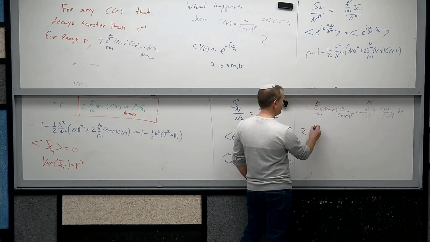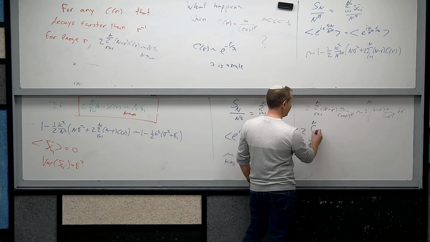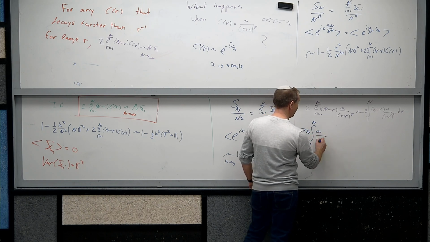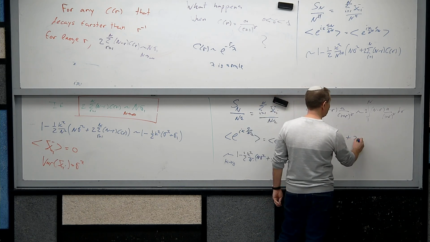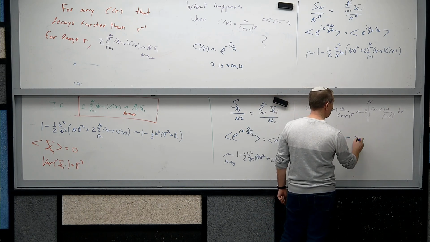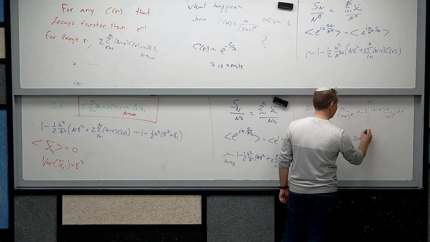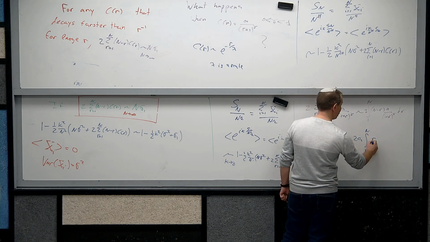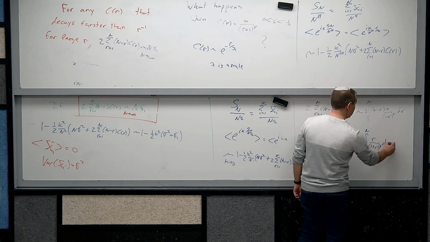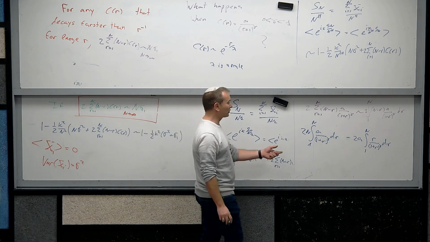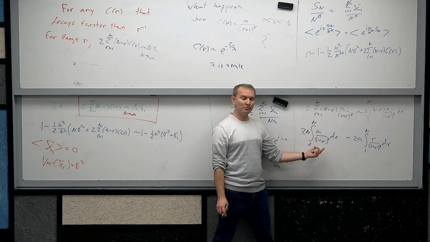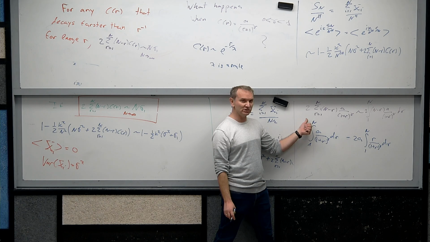We have 2 times the integral from 1 to n of n, a divided by 1 plus r to the gamma, dr, minus 2a times the integral from 1 to n of r divided by 1 plus r to the power gamma, dr. The only thing that is important is how this behaves in the large n limit.